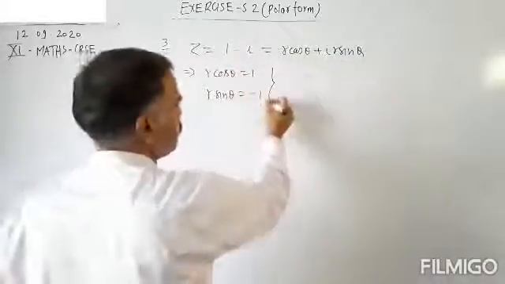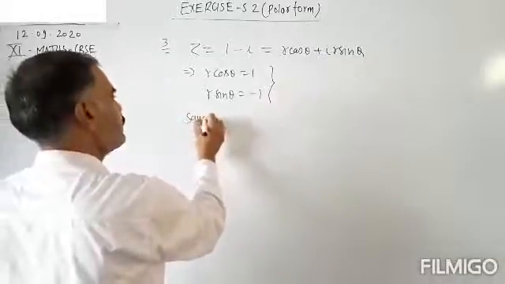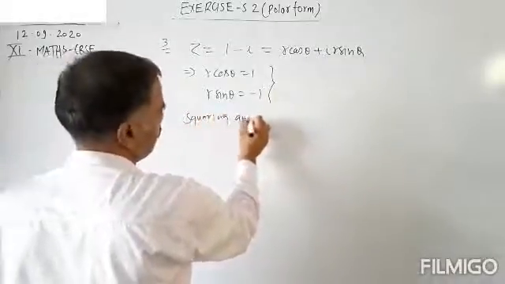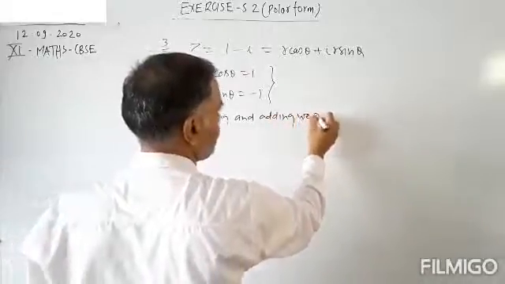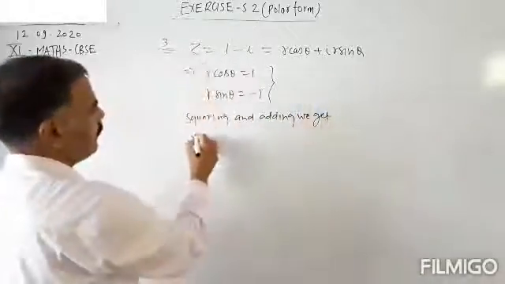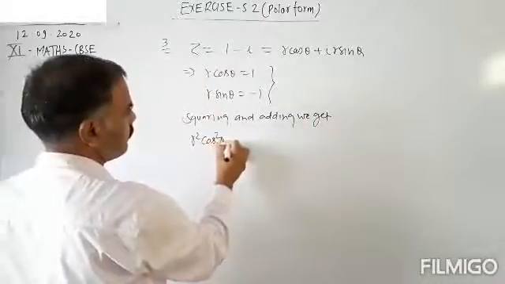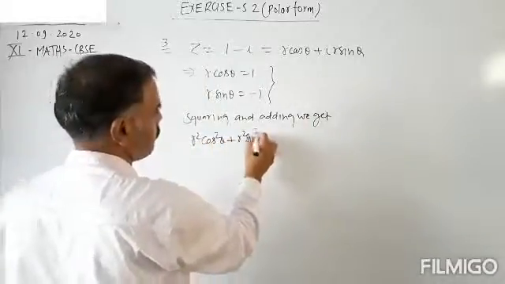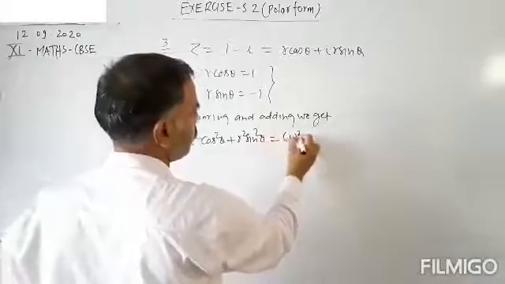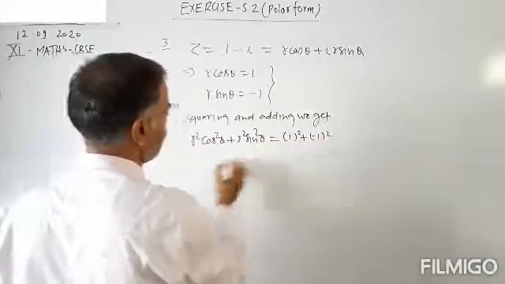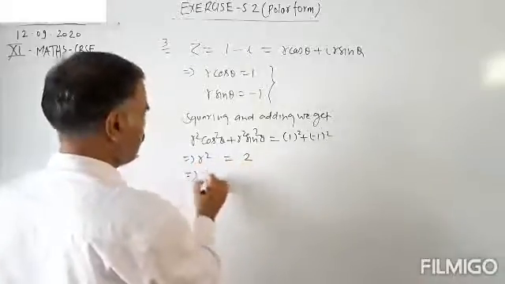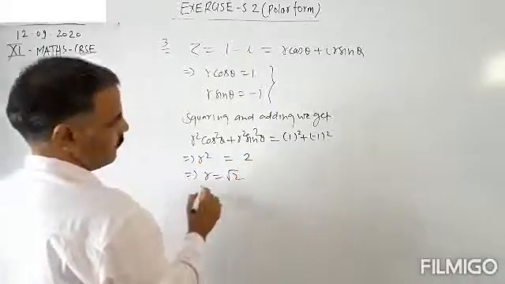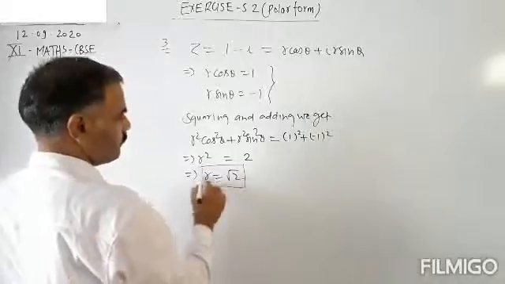Now squaring and adding, we get r square cos square theta plus r square sin square theta equals 1 square plus minus 1 square. That is, r square equals 2, so r equals under root 2.